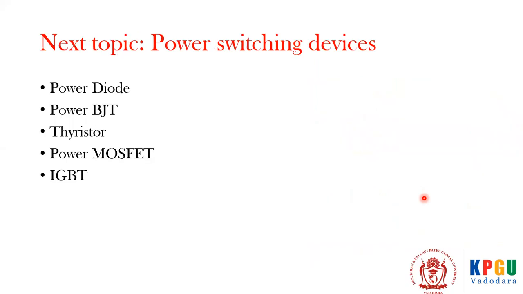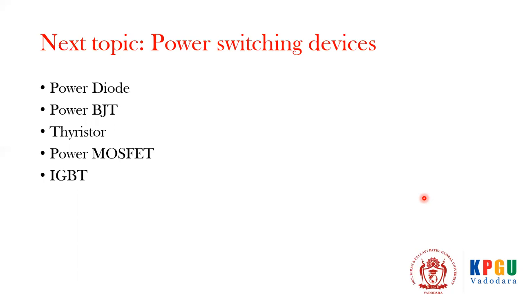Now, with this background, we are going to discuss the power switching devices: power diode, power BJT, thyristor, power MOSFET, and IGBT. Before we discuss these devices and compare their operation, this session was aimed to create awareness about the requirements of a good power switch. We conclude here that a good power switch should get turned on and off quickly.